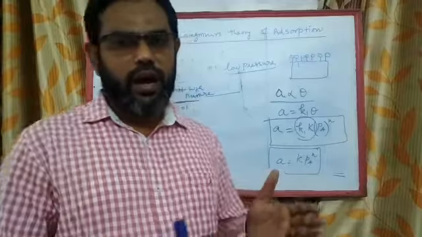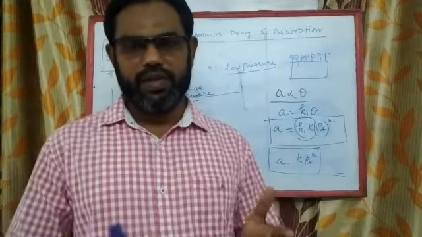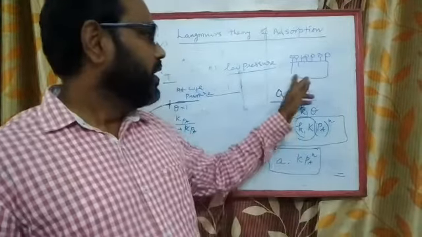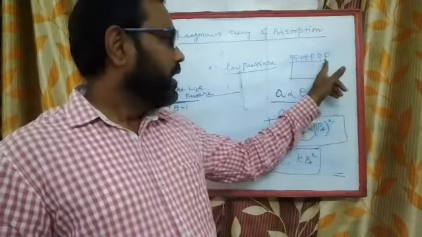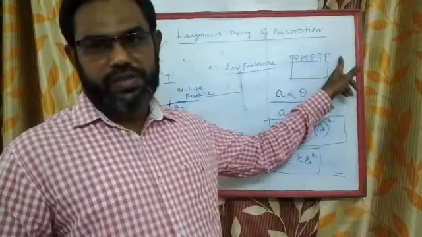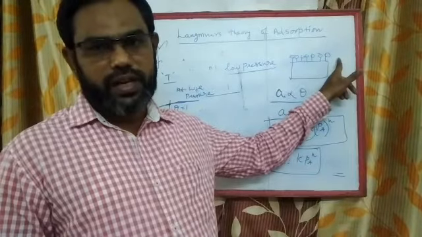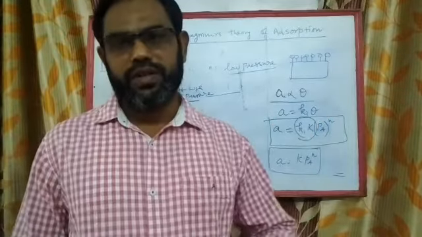That means on increasing the pressure, the adsorption increases at low pressure. It reaches saturation because upon increasing the pressure, all the surface sites get occupied and there won't be any more sites for occupation. Surface area available becomes 0. So at high pressure, the rate becomes independent of pressure.